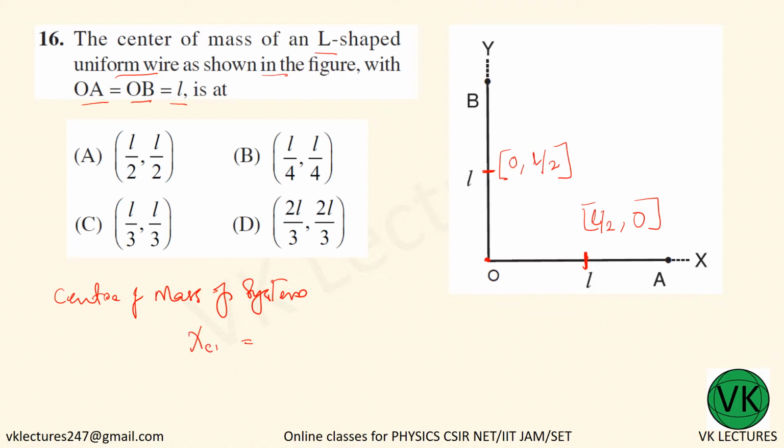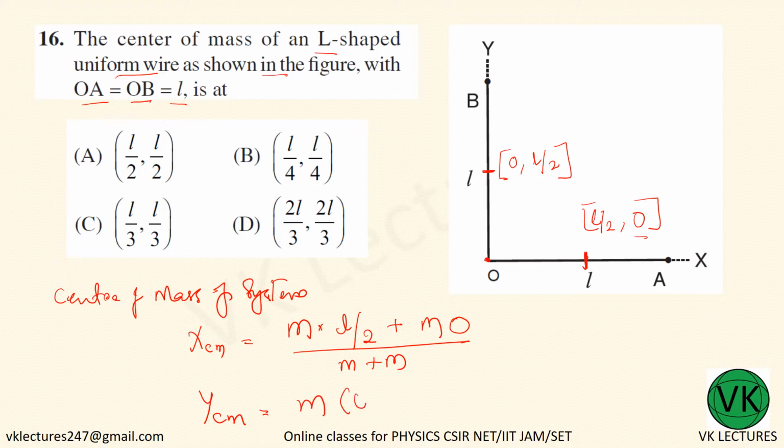X center of mass is equal to mass into L by 2 plus another mass into 0 divided by m plus m. This is the x coordinate, and similarly you can write the y coordinate: mass into 0 plus m into L by 2 divided by m plus m.